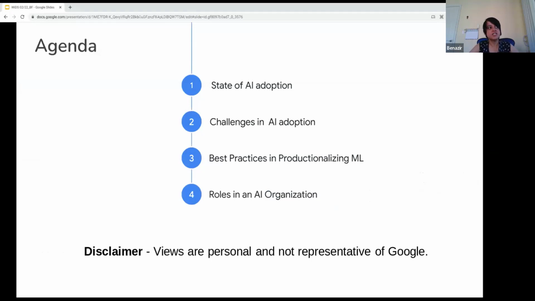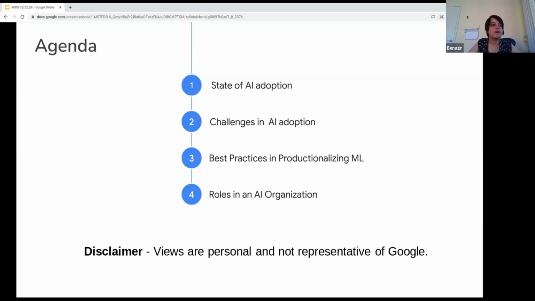The agenda for today's talk is, first, I would like to start off with a little bit on the state of AI adoption in the industry as I'm seeing. Second, what are the challenges that I see with companies who want to adopt AI? Third, I would like to talk about some best practices in making large-scale ML systems and putting them into production.